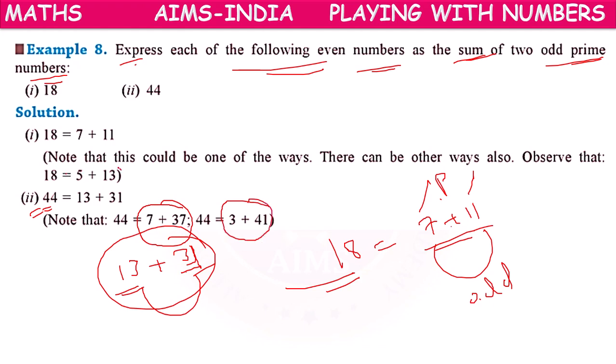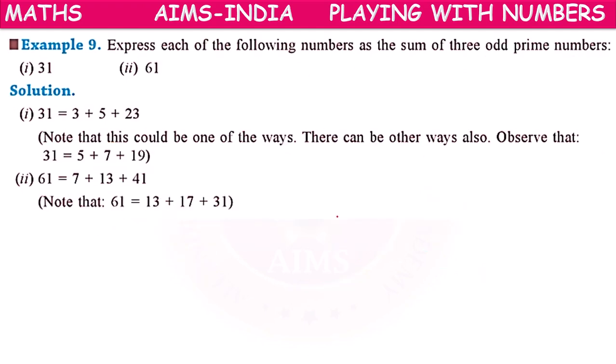This 18 also can be written as 5 plus 13. So multiple answers are there. 7 plus 11 we can write, 5 plus 13 we can write. 44 in 3 ways we can write.